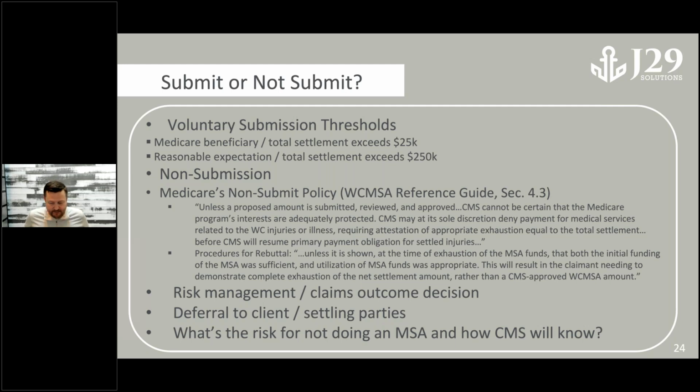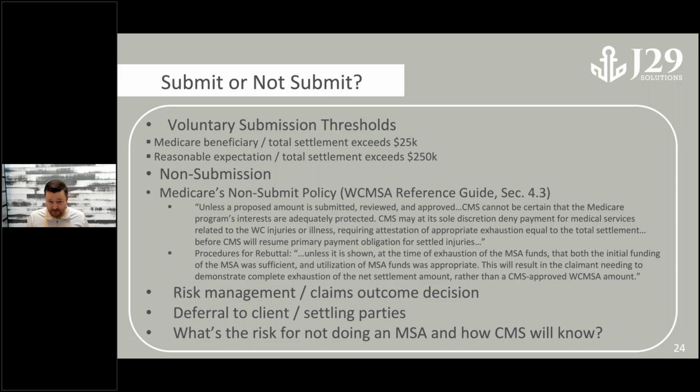Now, what does reasonable expectation mean? Under CMS's guidelines, it means someone who's 62 and a half years of age or older, someone who is receiving Social Security disability but not yet entitled to Medicare, meaning they have not gotten those 24 consecutive months of payments, or someone who has applied for SSDI, has been denied, but reasonably anticipates appealing their adverse decision.